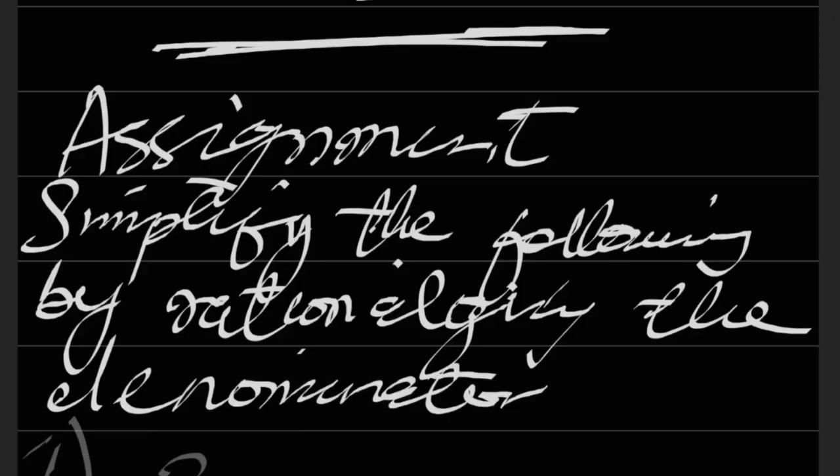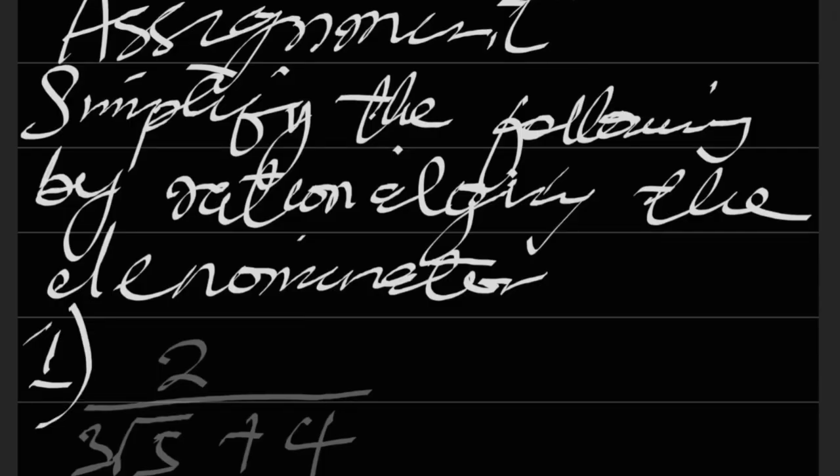That's this very conjugate that we have learned. Question 1.